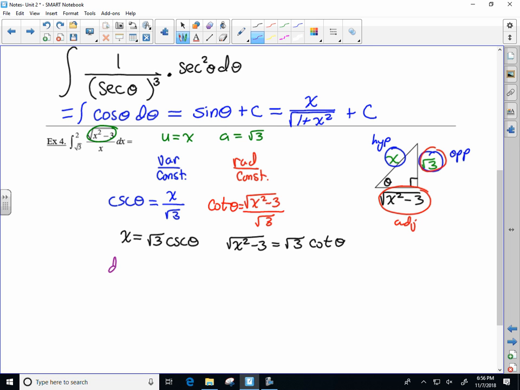So dx would be equal to, it's going to be a little messier, radical 3 times, what's the derivative of cosecant? Negative cosecant cotangent. So this is going to be negative root 3 cosecant theta cotangent theta d theta.